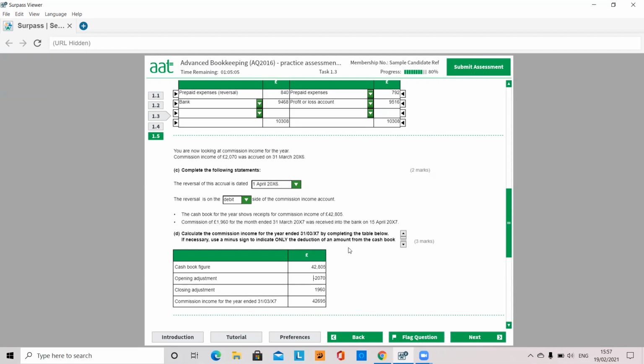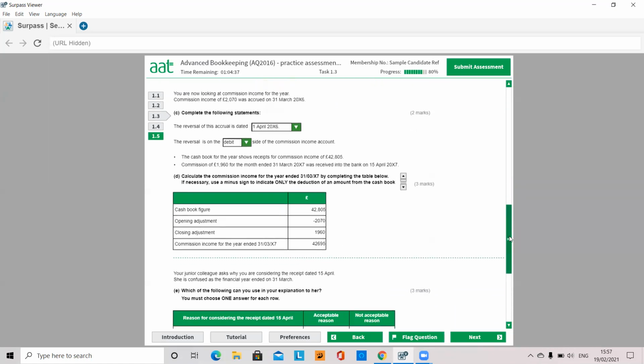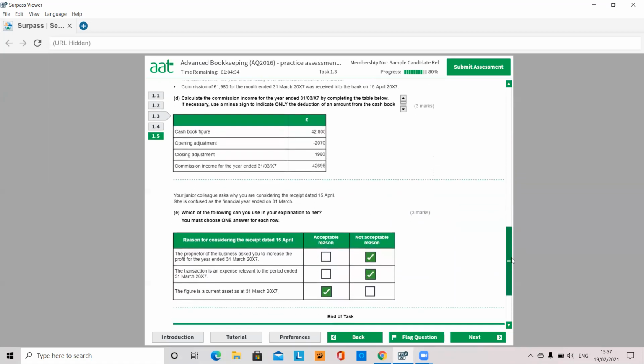So the closing adjustment: you would credit the commission for 1,960 and debit the accrued income again. So you start the same process again. Therefore our commission income for the year is 42,695. And that's how we do that particular question.